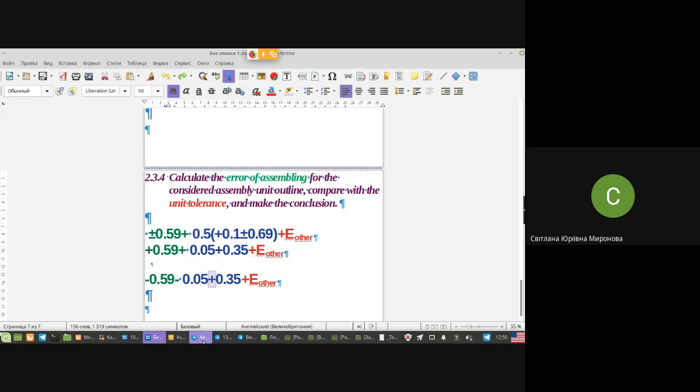Also minus, oh, sorry, I'm wrong. This place is plus. I'm wrong because it's plus, да? And you see, plus to the plus gives plus, and plus to the minus gives minus. Here is plus, here plus, minus. I'm wrong. And now we need to calculate the final value.